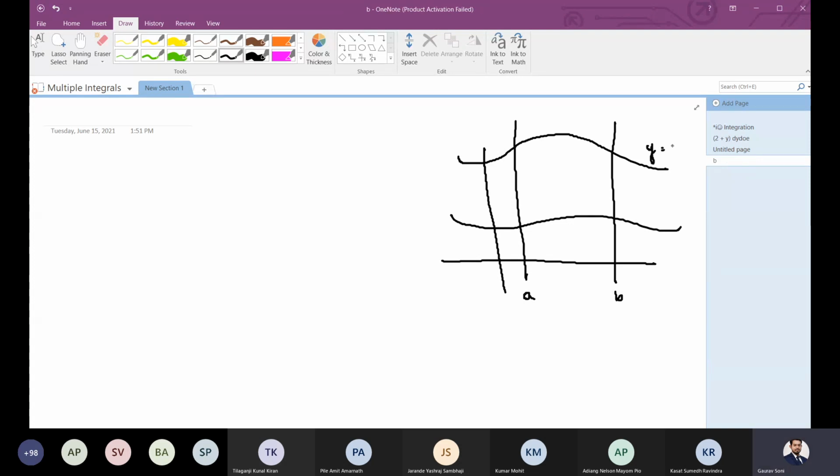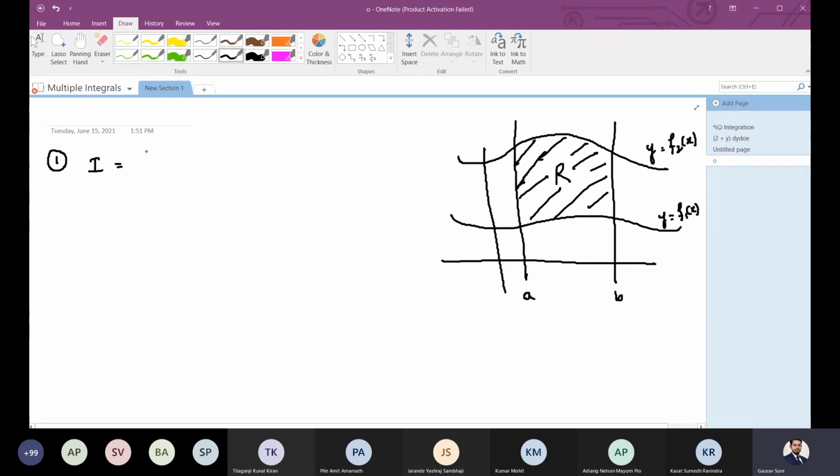This is y is equal to f2 of x. Y is equal to f1 of x. This is my region of integration. So this is case one.